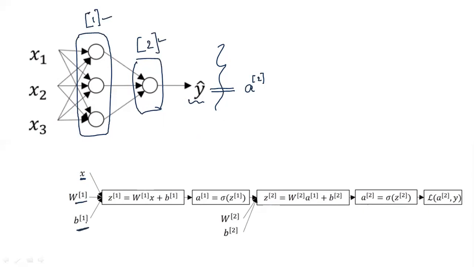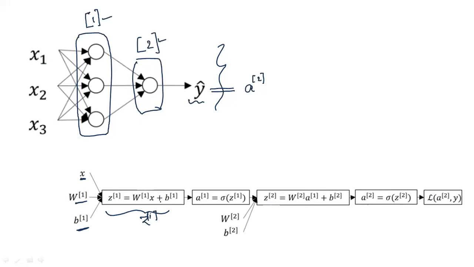Now what you need to consider is that the notations w1 and b1 belong to layer 1, therefore w1 and b1 are written over here. With the help of w1, b1, and x, we can find the equation of z1 as z1 equals w1x plus b1. This is the equation for z1.